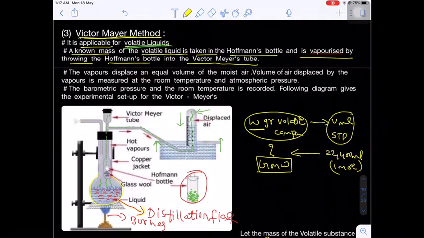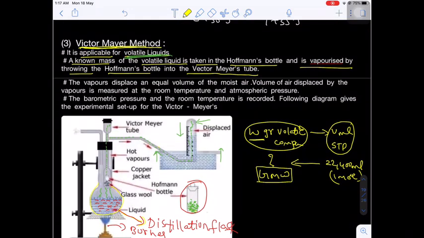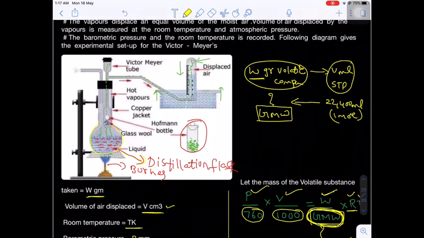This is known as the Victor-Meyer method. Once again, in the Victor-Meyer method, what happens? The volatile liquid which is present in the Hofmann bottle will vaporize and be sent into the Victor-Meyer tube, and from the Victor-Meyer tube the vapors go to the water column. When the vapor goes to the water column, it exerts some pressure and pushes the water column downward.